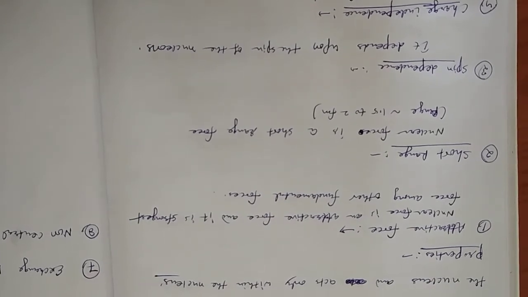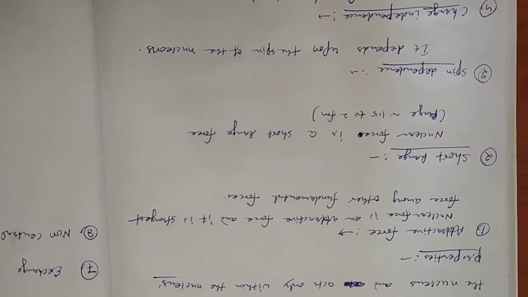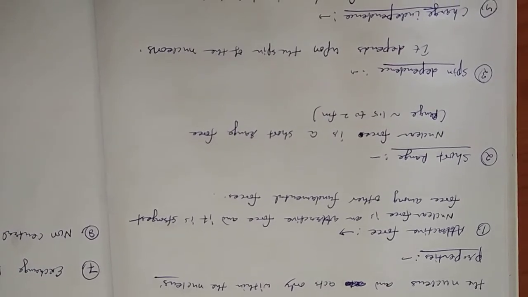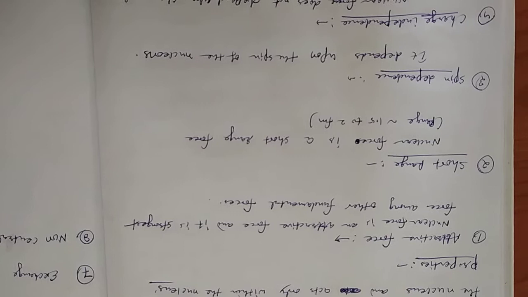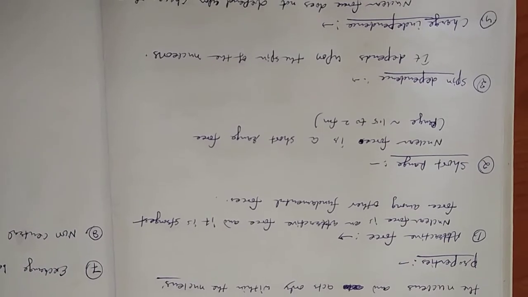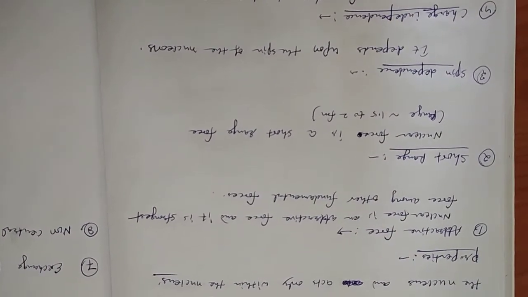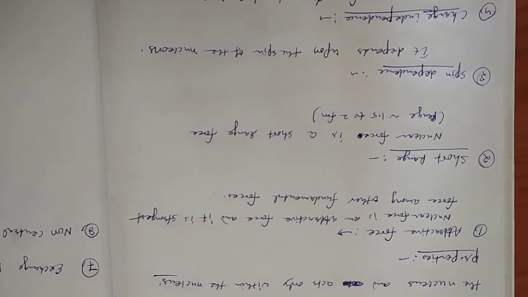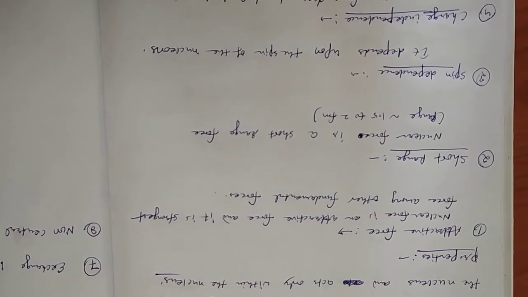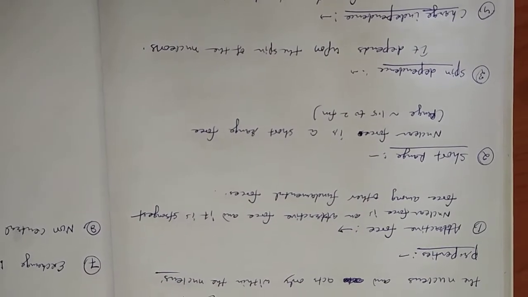Similarly, the strength of the weak force would be of the order of 10 to the power minus 5 to 10 to the power minus 14. Similarly, the strength of gravitational force would be of the order of 10 to the power minus 39. Because the strength of gravitational force is lowest, the weakest force of nature is the gravitational force.